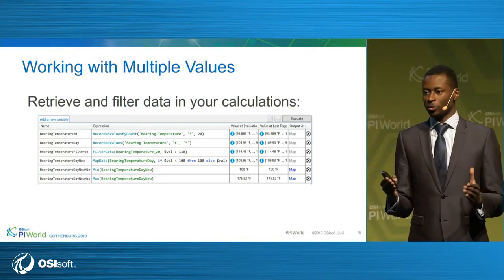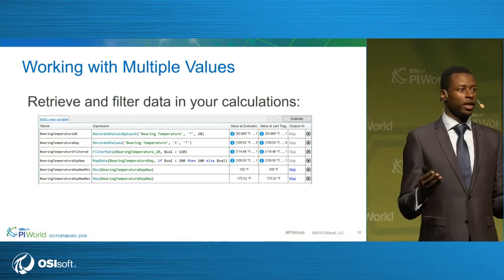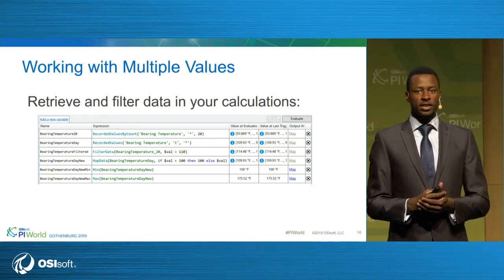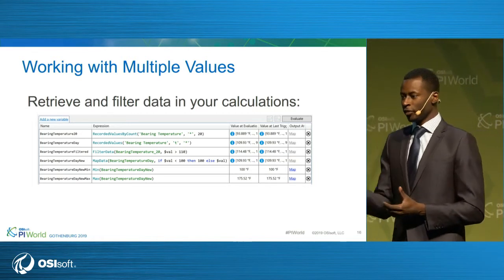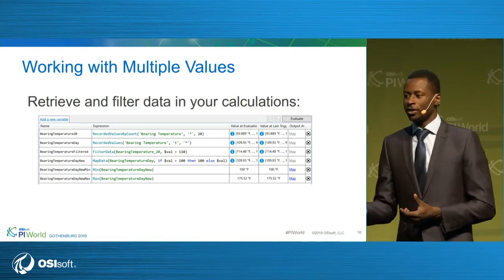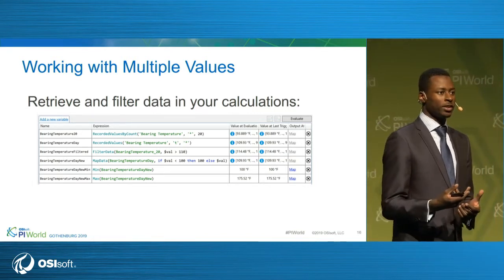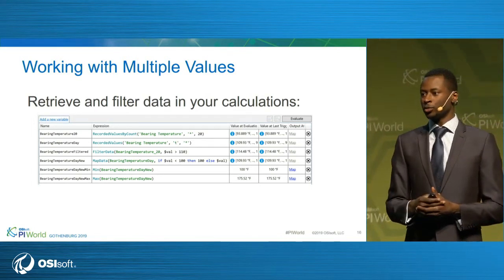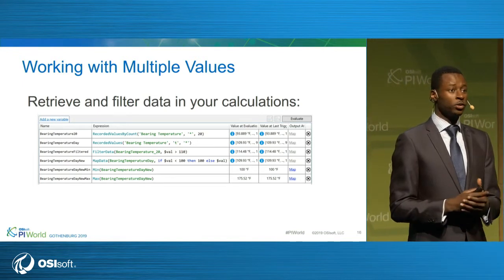For example, maybe over the last 8 hours, you want to find out how many values you had for your bearing temperature in your pump. This is going to bring back that array. And once you have that array of data, you can do filtering upon that data to maybe filter out the bad values or filter out the values which don't lie within a set range which you define.